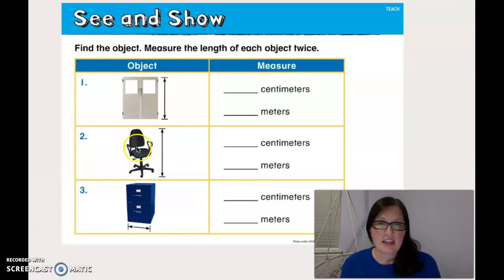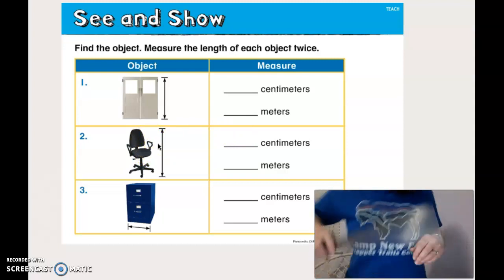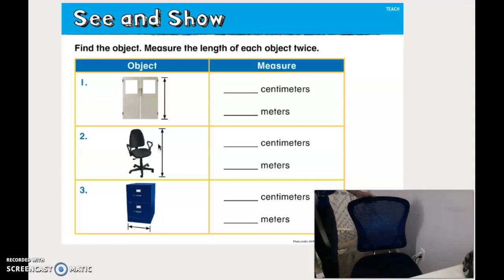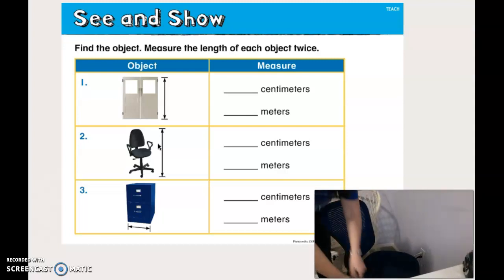But if I measured this in centimeters, let's say I measure my chair. Let's do it anyway, let's have fun with this. Here's my chair. It's kind of hard to see. If I put it down on the floor, I know that each one of these is 45.